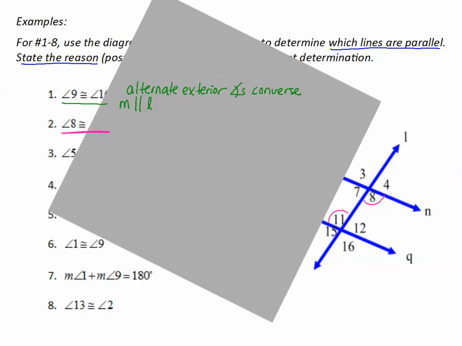So let's trace the two lines that are involved here. This line and this line. Now before we jump to any conclusions, let's identify what kind of angles these are. Angle 8 and angle 11. They are between the two lines, so they are interior, and they alternate right to left. One's on the right of the transversal, one's on the left. So 8 and 11 are alternate interior angles.